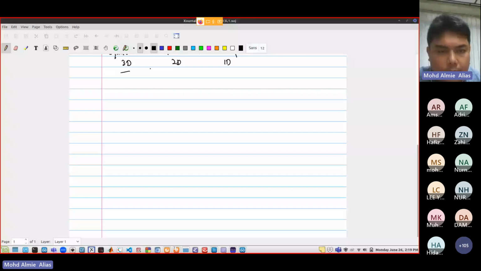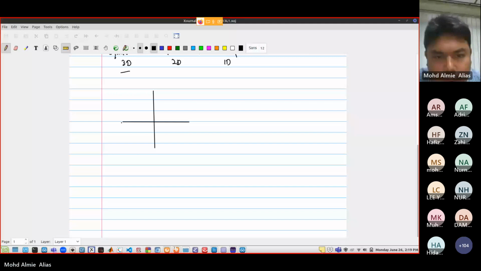Okay, for polar coordinates, let's say you have something like this. So let's say this is your x, I mean your polar axis is theta equals 0, and this is your y, which is theta equals pi over 2.